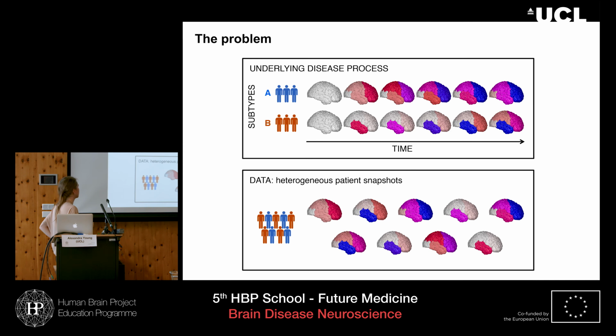Here there are two. And these groups have different progression patterns over time. We then have a data set, which is a heterogeneous set of patient snapshots of this underlying disease progression pattern. So you have individuals from the different subtypes and from the different stages of each subtype. And the problem you're trying to solve is reconstructing this underlying disease process.